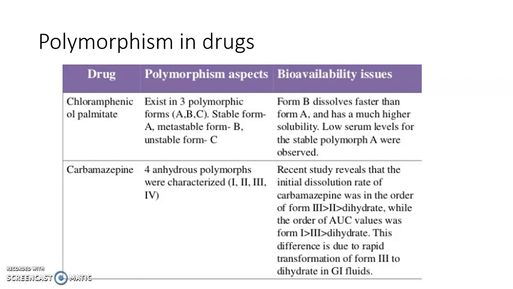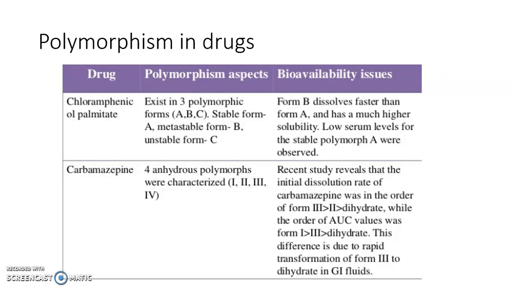So what we can conclude from such studies is that the polymorphic forms exhibit different solubilities, different dissolution profiles, and this will definitely lead to exerting therapeutic or pharmacological effects to different extents.